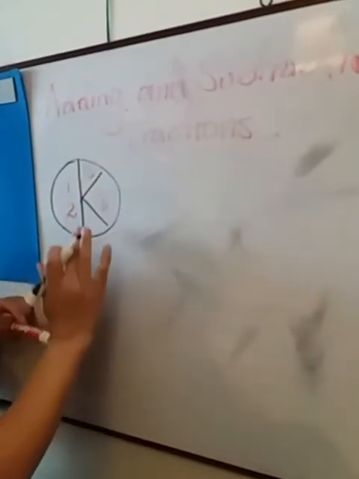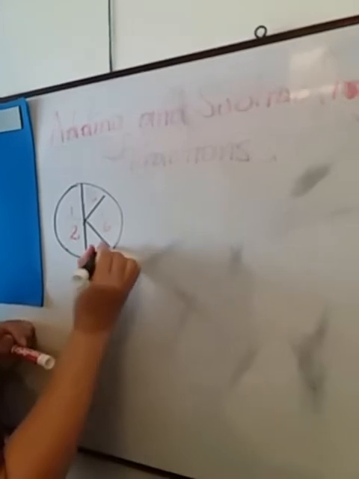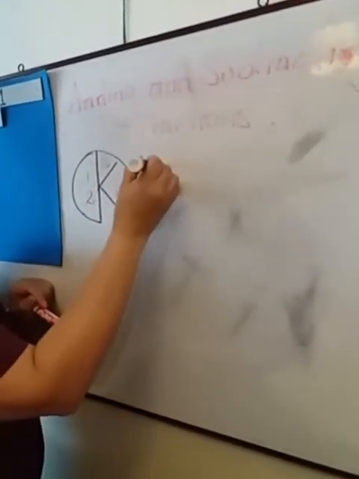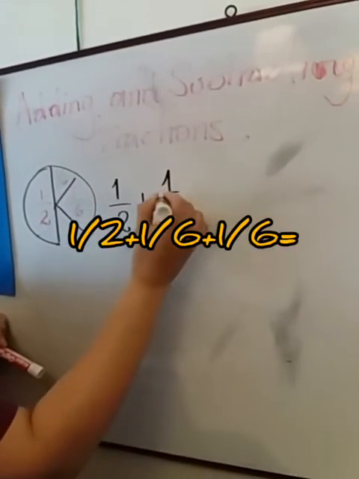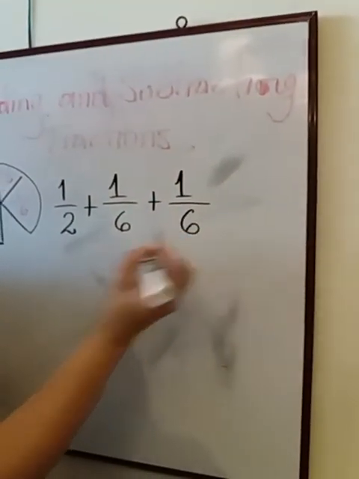So this is what is going to be left, and this is what we are going to use. We represent this in the addition: 1/2 plus 1/6 plus 1/6.